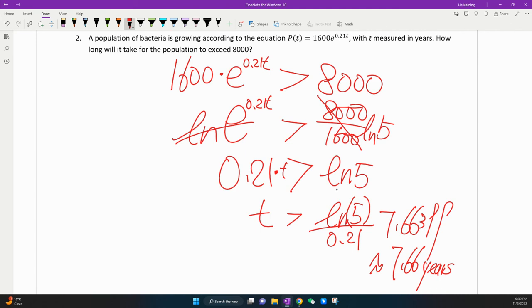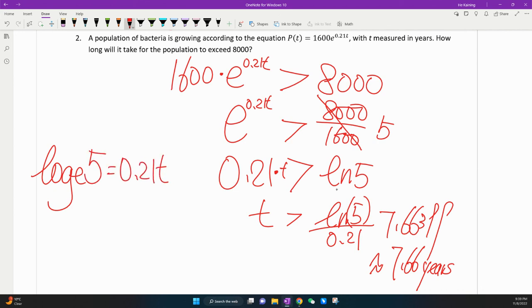Now let me show you the other way too, if you're a person who would like to use the log form. So I have log, just like usual, base e, answer is 5, equal to 0.21t, which is your power.